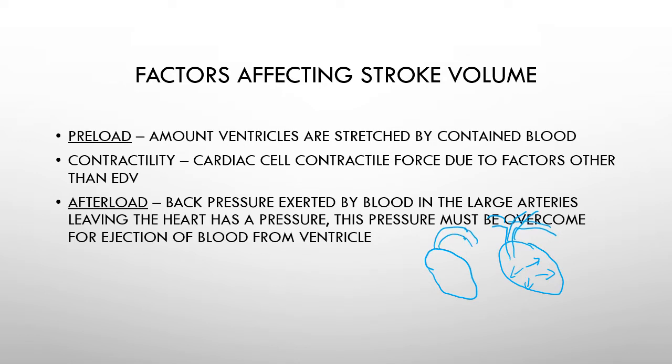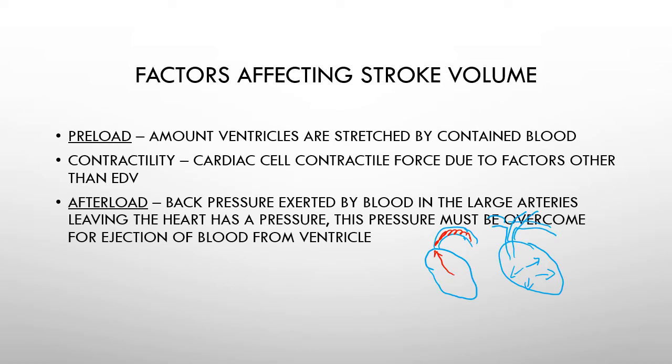So there's our aorta coming off of the heart. And as that aorta comes off of the heart, there's blood inside the aorta. And that blood has pressure. And in order for our ventricle, our heart, to get the blood to go up and in through that semilunar valve, push it into the aorta itself, we've got to work against the pressure that's already inside there.